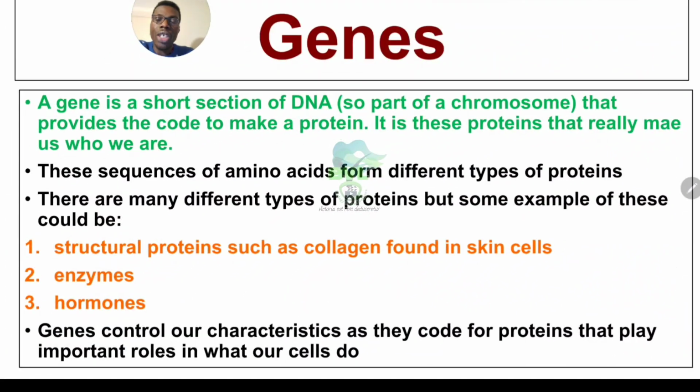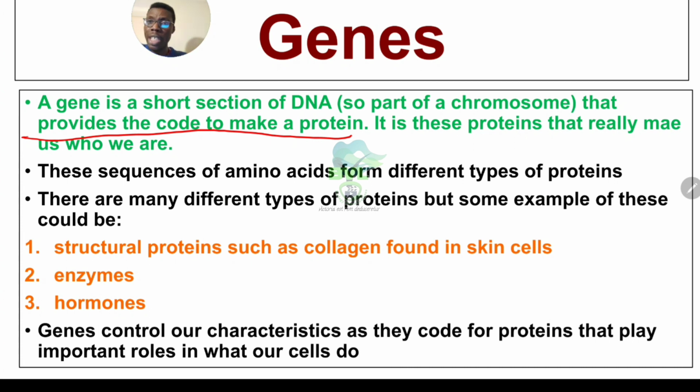Now, what is a gene? A gene is a short section of DNA that codes for a particular protein. Now, I want you to please remember this. I remember I told you that it codes for a particular amino acid, that's correct. If you say it codes for an amino acid, you're correct. If you say it codes for a protein, you're correct. Either way. Now, watch this.